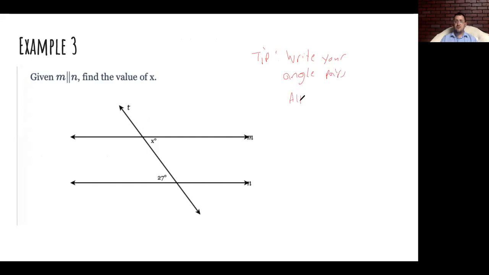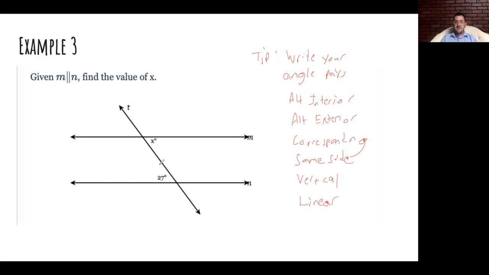So I have alternate interior, alternate exterior, corresponding, same side, and I have vertical and linear. And you can use any of these or any combination of these as well.